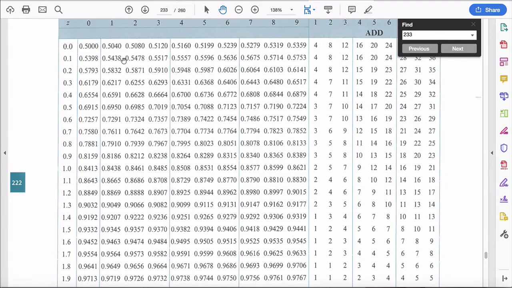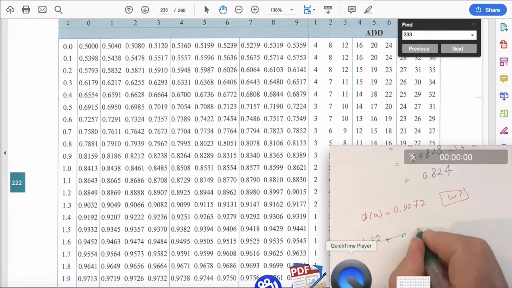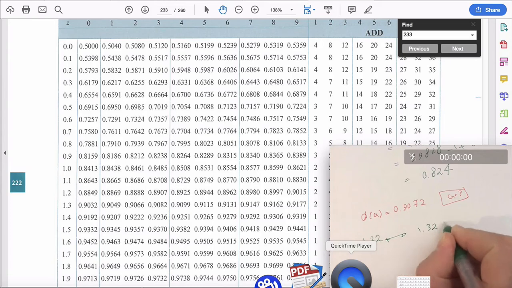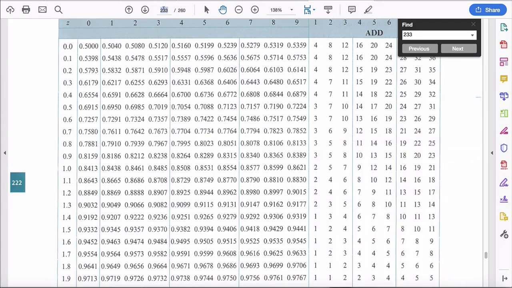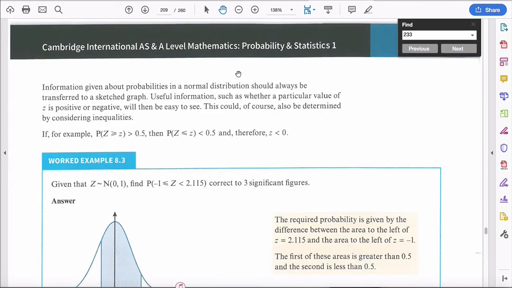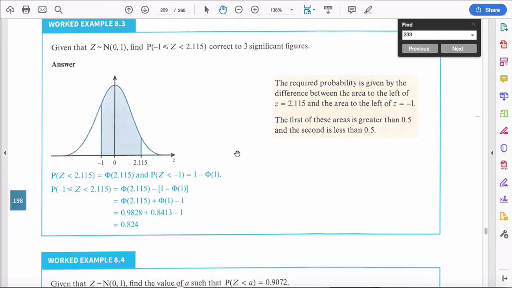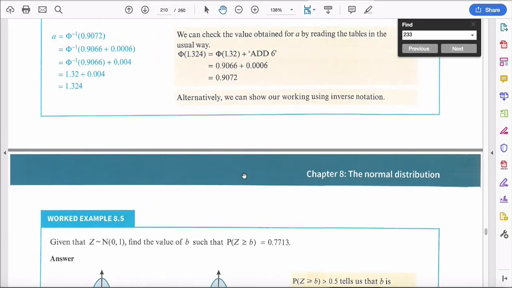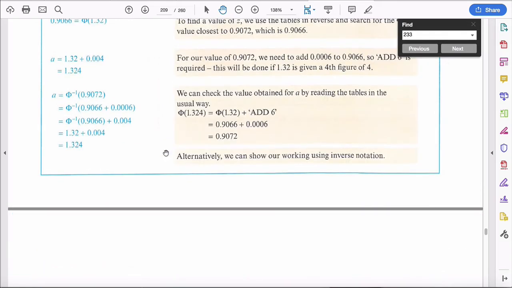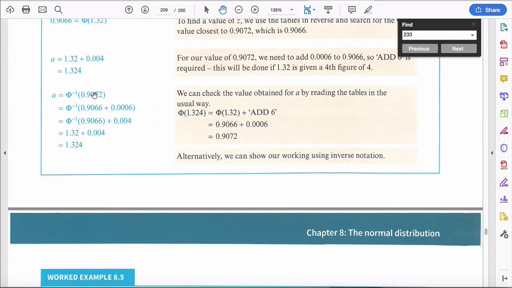So at the end it will be 1.324. See here, this is the value of A.